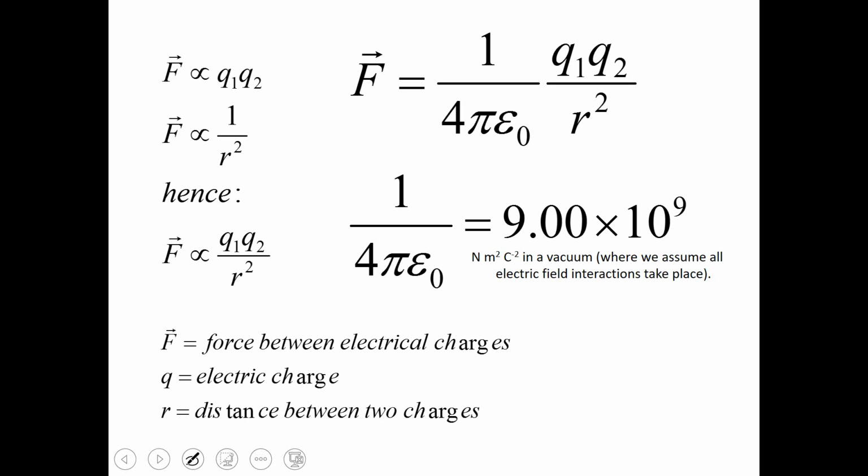Just like a planet, if you suddenly double its mass it's going to have more of a gravitational effect, it's the same with charge. In terms of distance, though, it's different because it's an inverse square proportionality. So it's not just that if you double the distance, you halve the force. If you double the distance, you're going to get a quarter of the force because 2 squared is 4. So you must factor that in.